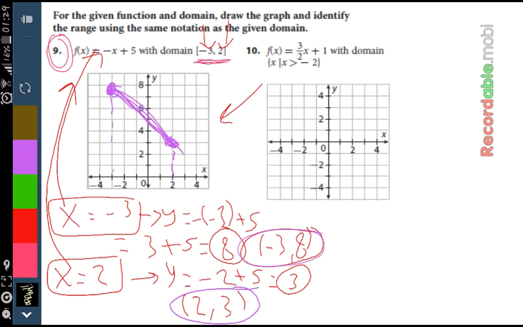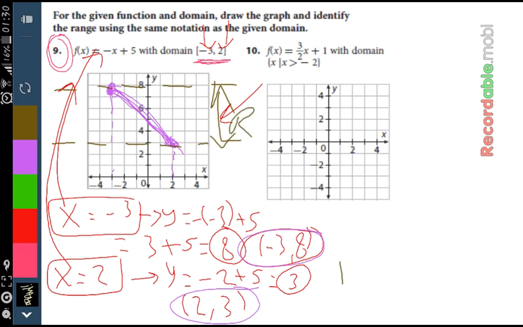I already have the domain, but I need to know what is the range for this function. So I'm going to start from down to up and draw a dashed line at the starting point of the function and another dashed line at the ending point of the function. This distance represents the range of the function.